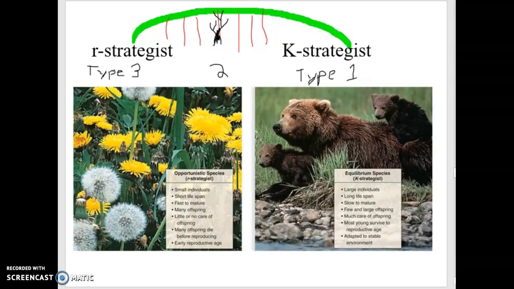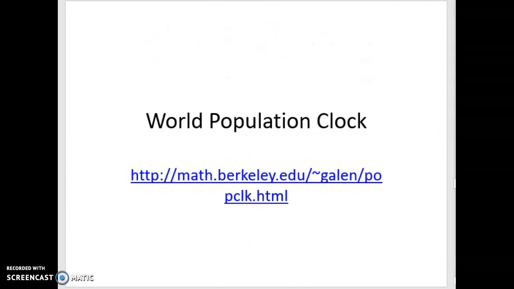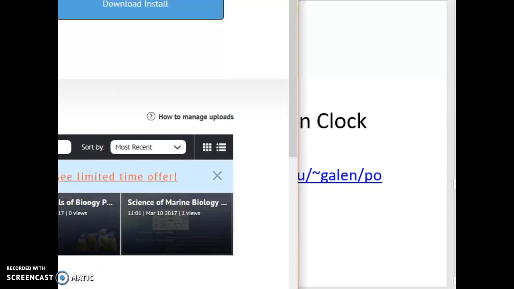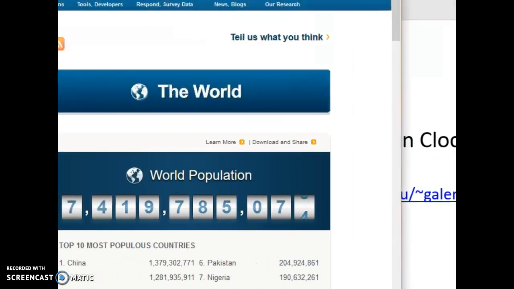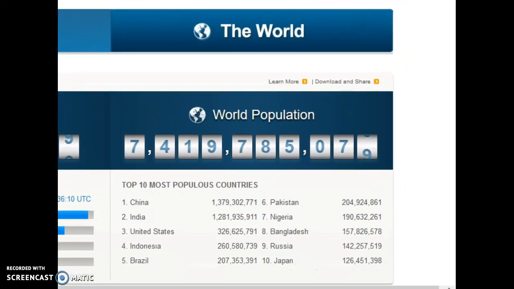So now let's apply this to us, to our population as a human population. So there's a thing called the World Population Clock. You guys can jump to that website, or let me pull one up here for you. And what we want to do is look at what's going on with the human population.